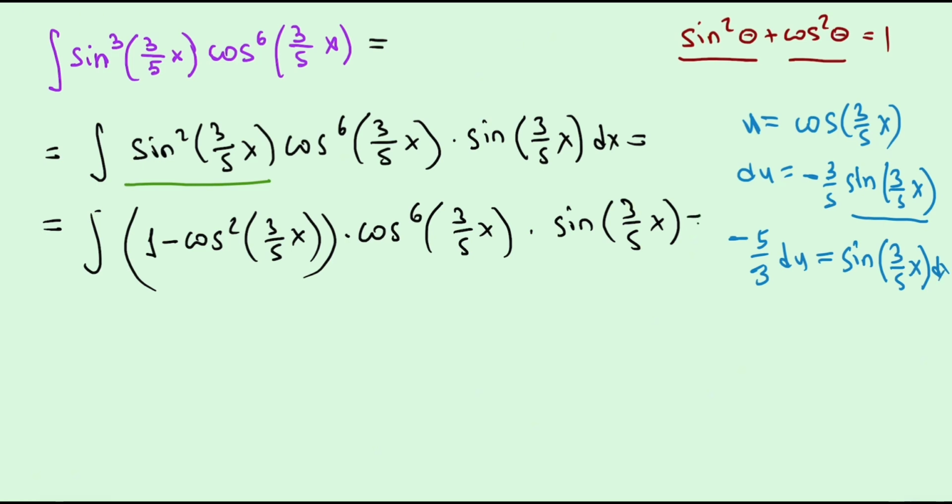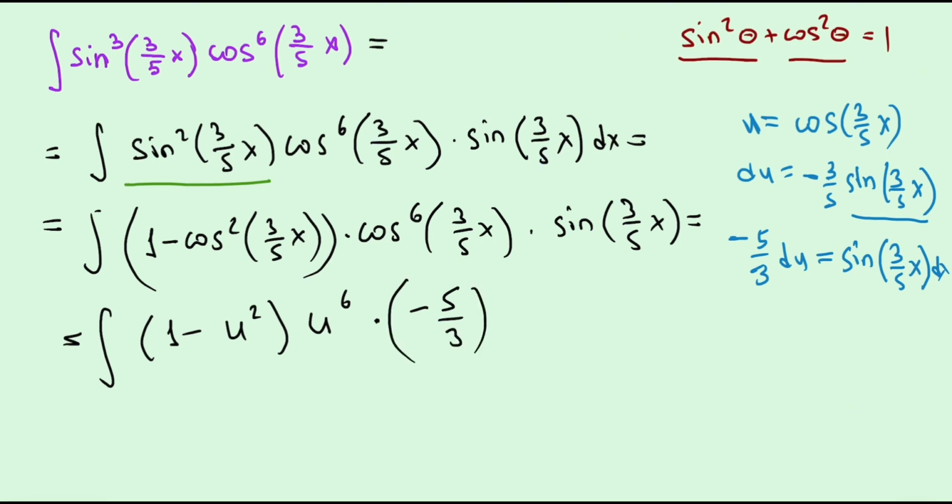Now let's replace everything. So we'll have an integral of 1 minus u squared times u to the 6th power times negative 5/3 du. Now this we could integrate easily, and after distributing this, we will get u to the 6th minus u to the 8th.